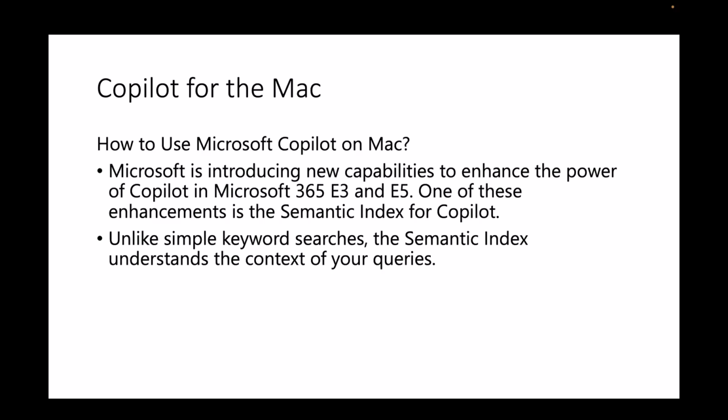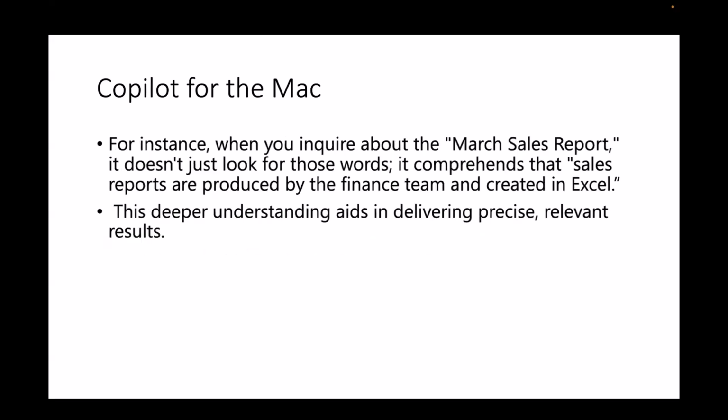But the important thing is that these enhancements in Microsoft 365 include something called the semantic index for Copilot. And unlike simple keyword searches, the semantic index understands the context of your queries. For instance, if you were to inquire for the March sales report, it doesn't just look for those words.